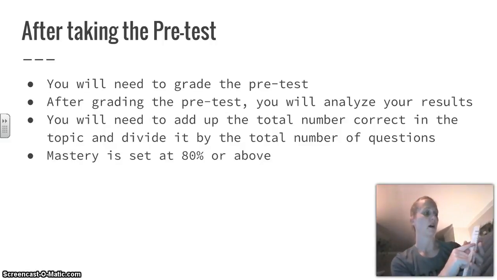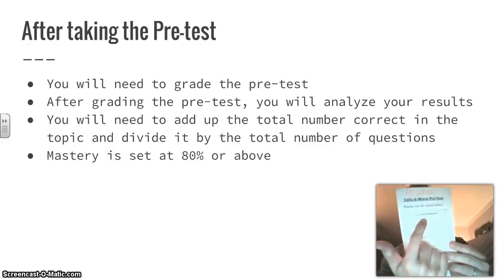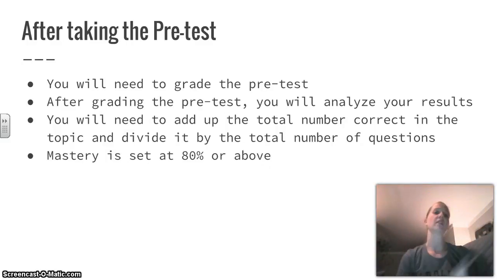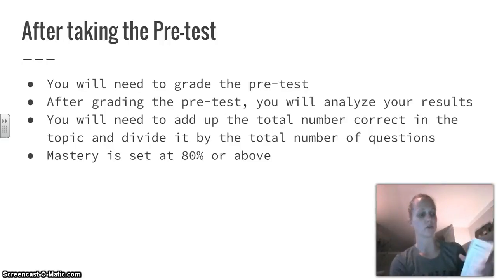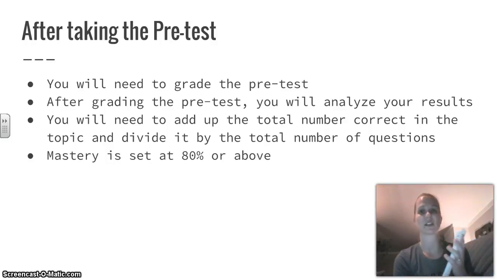Underneath that, there's a line, and then a slash, and then another line. That is the total number you got correct on that topic out of the total number of questions for that topic. So if the topic only had 5 questions and you got 3 of them right, then you're going to write 3 out of 5 and calculate a percentage, which is 60%.